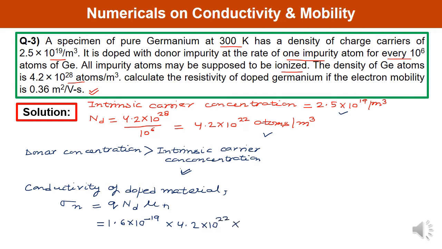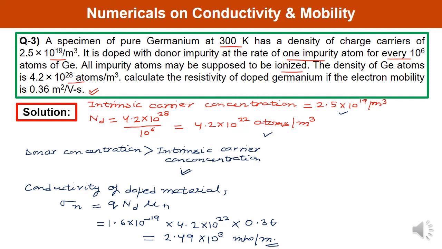And mu n is the mobility of electrons, which is given as 0.36. If you simplify this term, you will get the answer 2.49 into 10 raised to the power 3 per meter. So this is what you have calculated here.